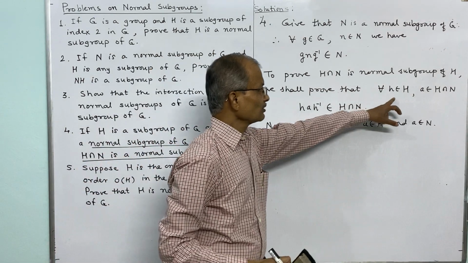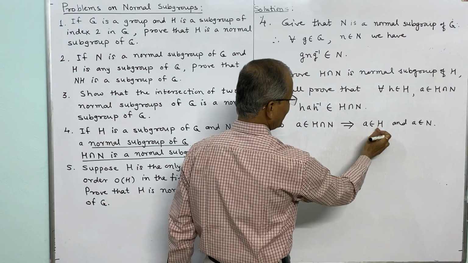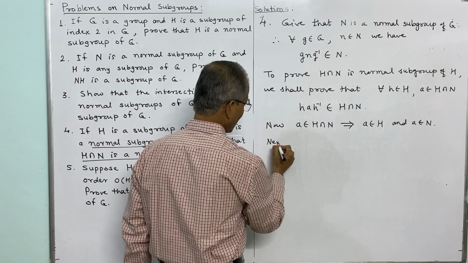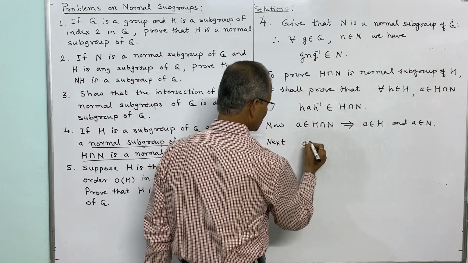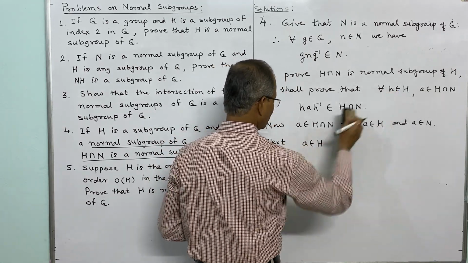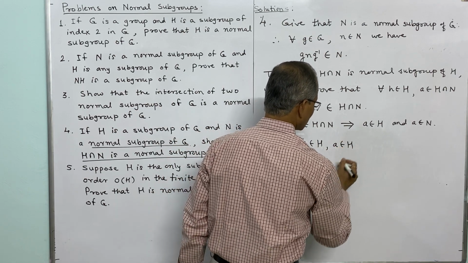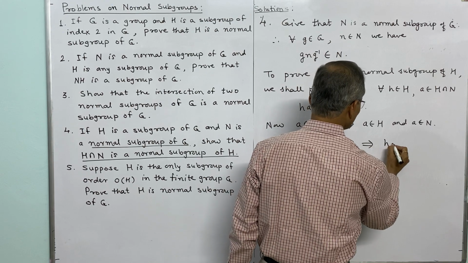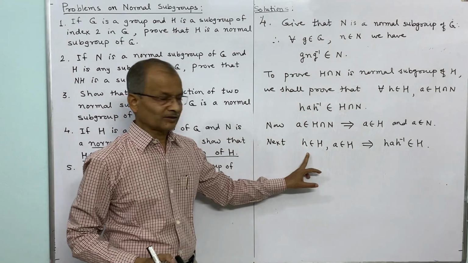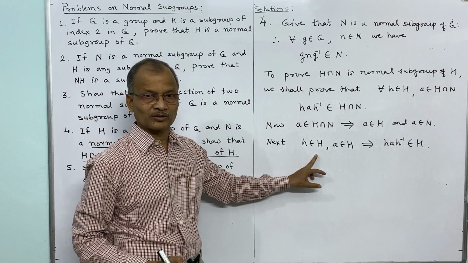Now let h belongs to H. We have h belongs to H and a belongs to H. Now h belongs to H, a belongs to H, so this implies h a h inverse belongs to H. You see this: h is in H, a is in H. What about h inverse? h inverse is also in H because H is a subgroup.